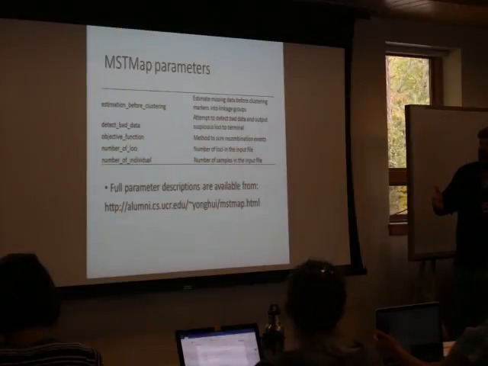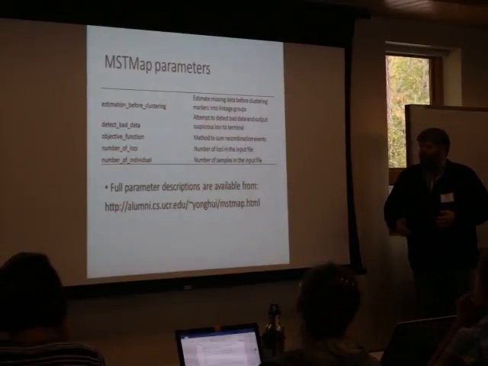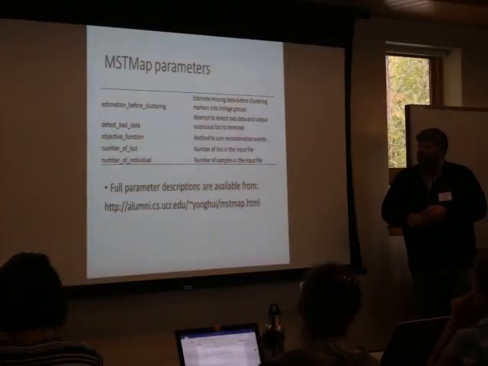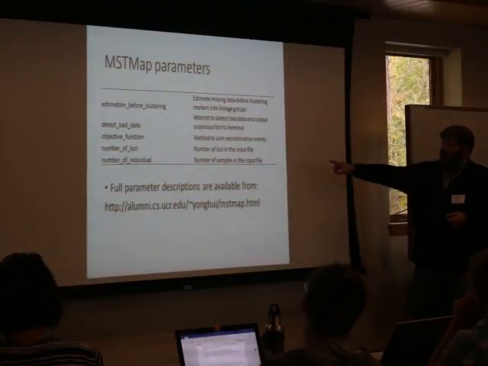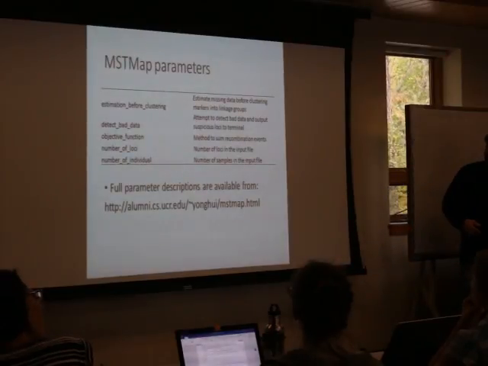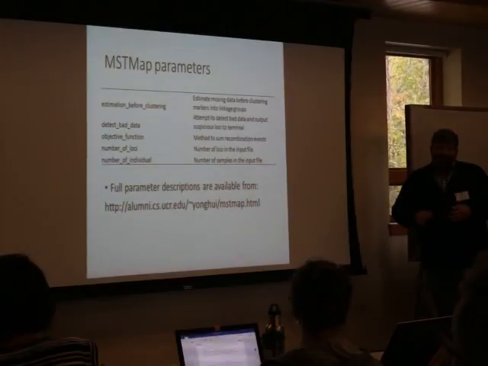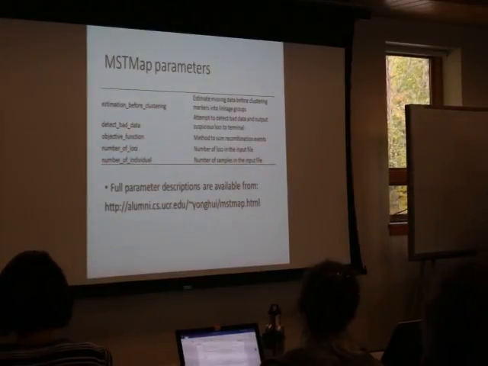And then the objective function is just whatever method you would choose to tell it to sum the combination events. And then the number of loci, number of individuals are the number of loci and samples in your input files. The full parameter descriptions are available there, and I think that is in the handout as well.